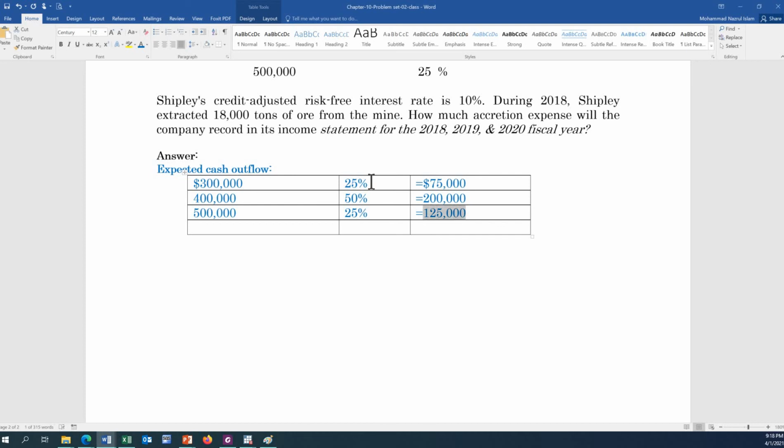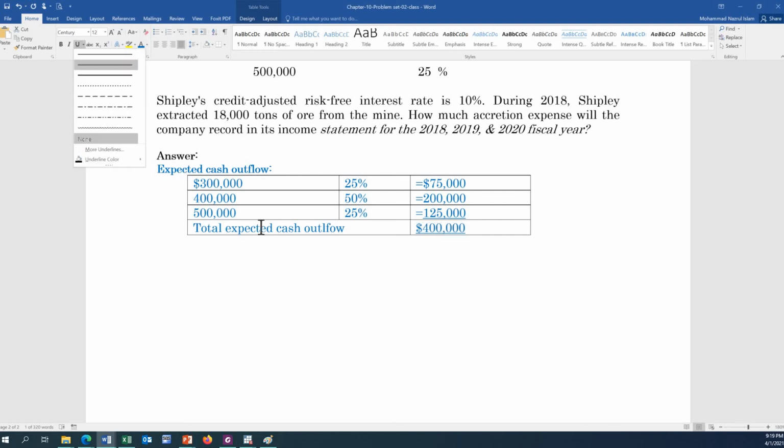The total is going to be 400,000. So the total expected cash outflow is 400,000.